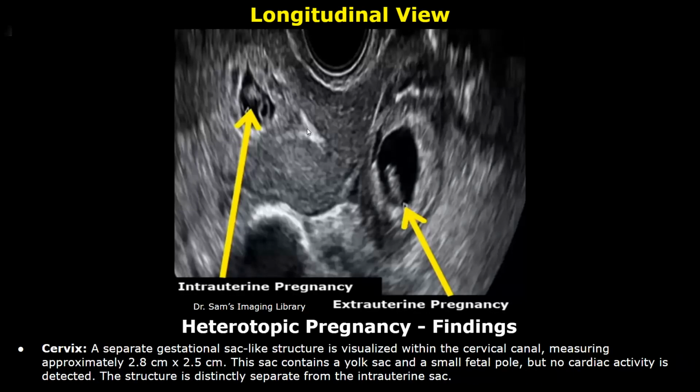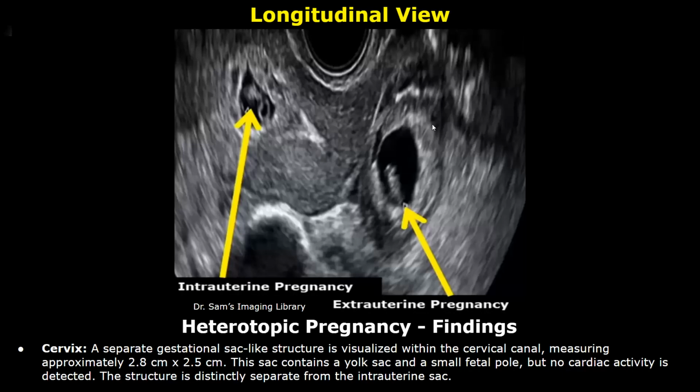Cervix: a separate gestational sac-like structure is visualized within the cervical canal, measuring approximately 2.8 x 2.5 centimeters. This sac contains a yolk sac and a small fetal pole, but no cardiac activity is detected.